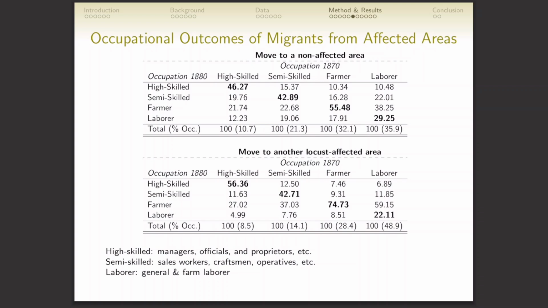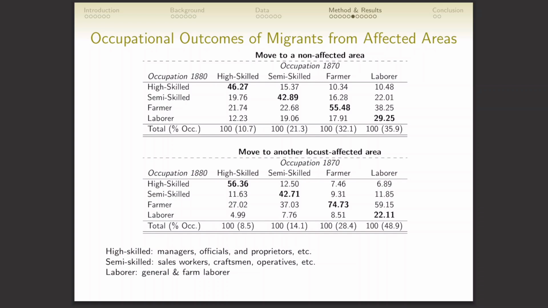We looked at what are known as the occupational outcomes of migrants. I should never put up tables like this, but if you look at the migrants, so these are the ones that moved from the affected areas, right? Not necessarily affected, but they just moved from those. I think there are two things you can find from this. First of all, there's some persistence in the kind of occupation they have when they move somewhere else, if you put them in these broad groups here, but it's not really very high, right?